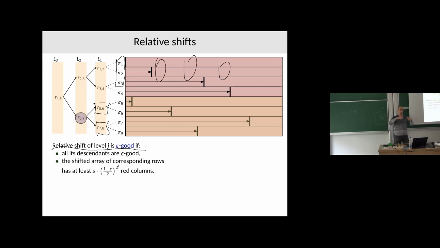It means that in those shifted sub arrays there is a large number of monochromatic columns. Okay, and this last shift is also good if it doesn't kill too many monochromatic columns. Okay, and too many is just what we aimed for before, 1 minus epsilon over 2. So this is the fraction of breadcrumbs that we can afford to kill, not more.